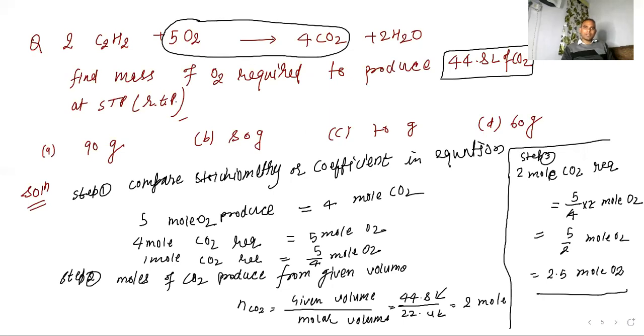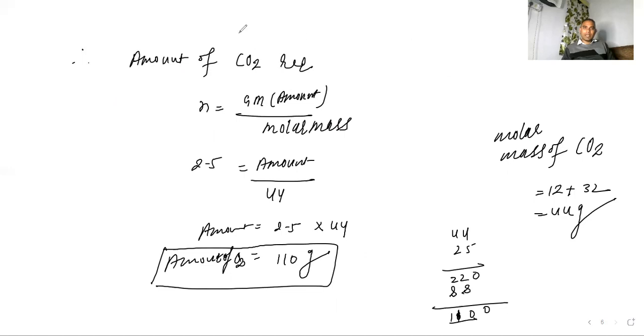Option B is 110. Oh no, the option is correct. Where is the mistake we are doing? We are doing some mistake. The amount of O2 required, not CO2.